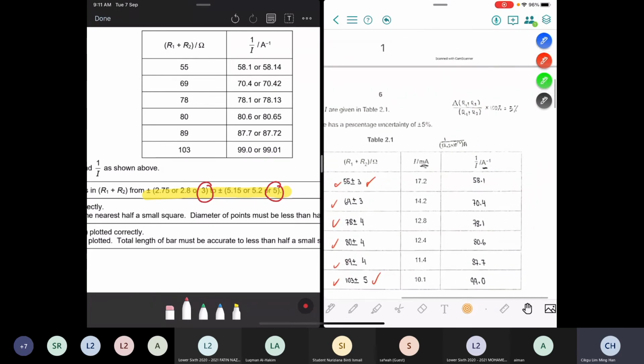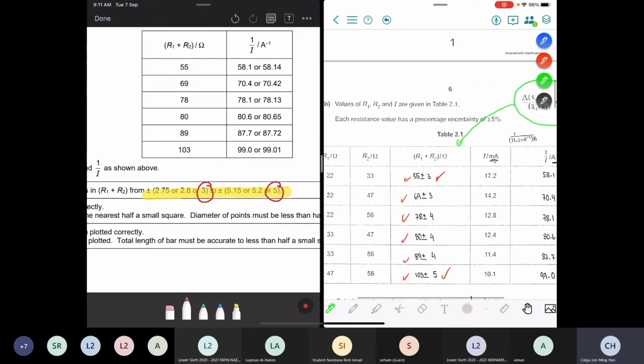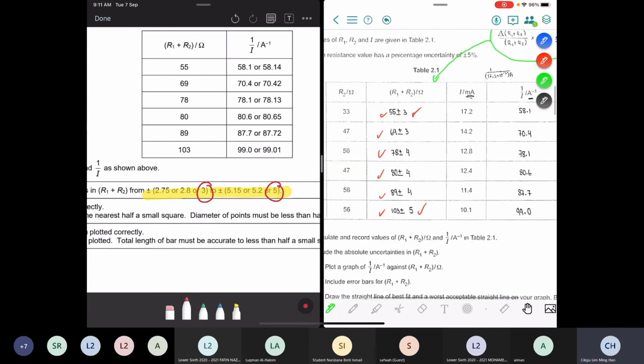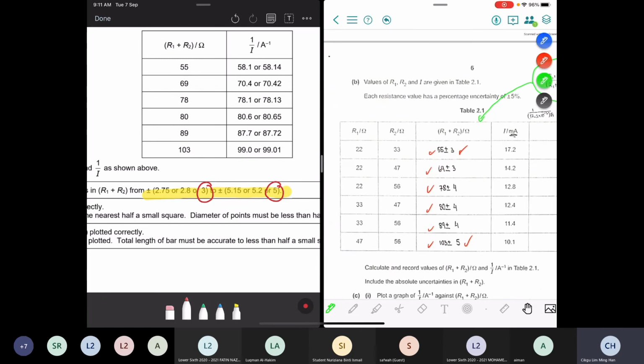So your technique is a bit different from mine, but somehow it actually works, because when you add it up, you just simply add up the uncertainty. For your info, if it's my method of doing it, because the resistance is plus minus 5, right? So I go and calculate 5% of this, 5% of this, 5% of this. And then what happens is I add it up. So I add up the 5% of 22 and then the 5% of 33.